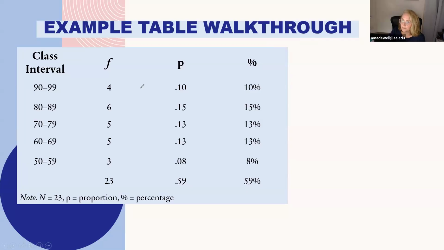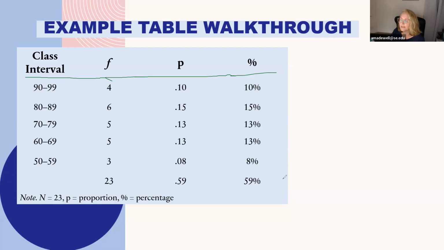On this slide, I am missing a couple of things. First off, we'd want to have a line to show our headers. Okay, so we have our class interval, our frequency, our proportion, and our percentage.